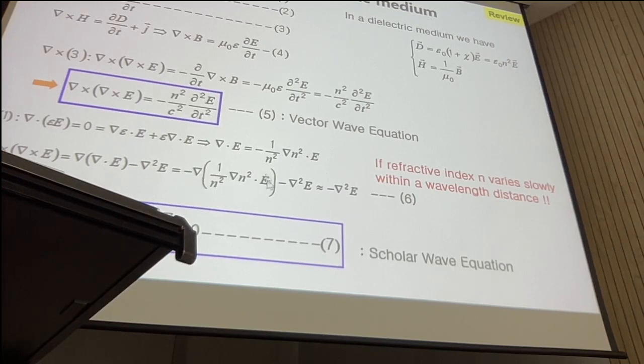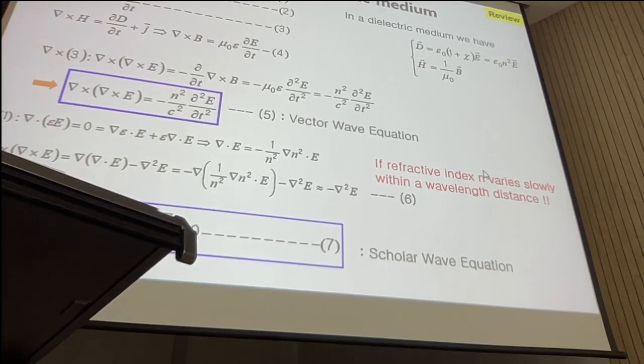So the gradient of this can be approximated to be 0 when the refractive index n varies slowly, or the refractive index difference between two media is small. Then we can approximate that as just del square E.